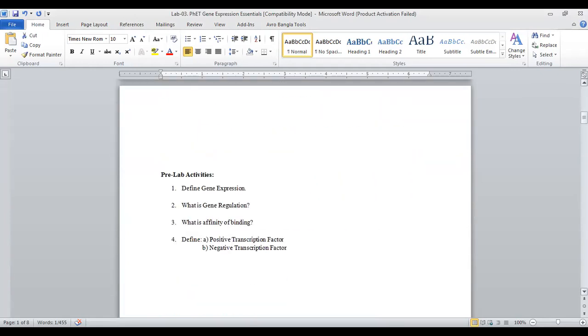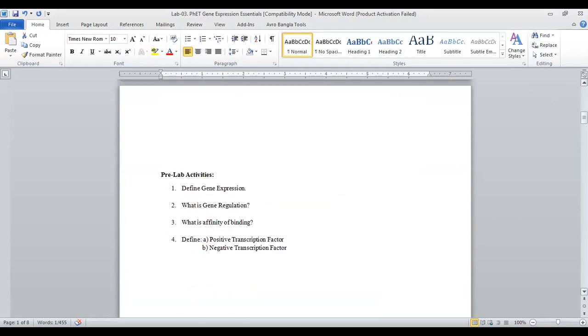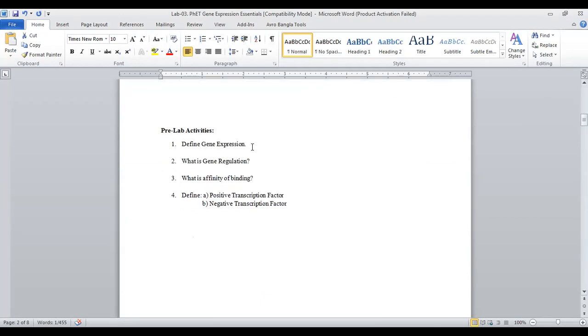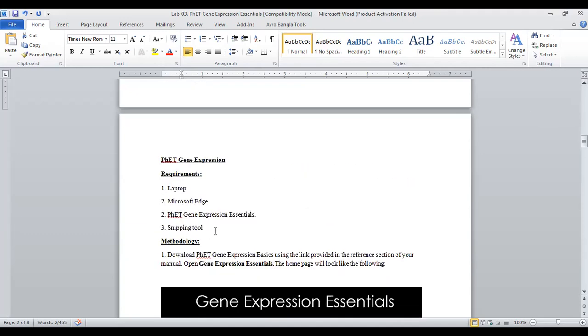Before we perform gene expression and regulation, we need to know what is gene expression, what is gene regulation, what is affinity of binding, then positive transcription factor, negative transcription factor, and the tools that we require for performing the experiment.